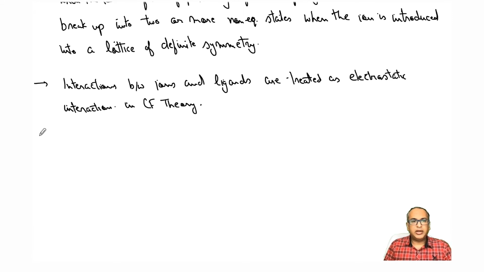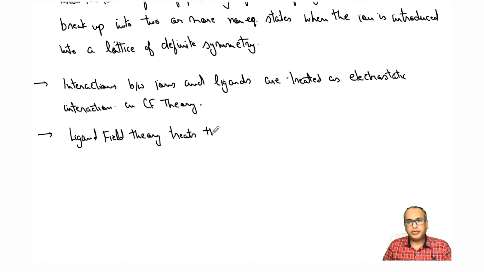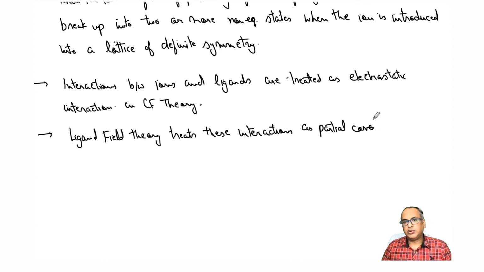But there is a possibility of having some partial covalent character and partial electrostatic character. In that case, the theory is modified and it is called ligand field theory. So we can say ligand field theory treats these interactions as partial covalent and partial electrostatic.